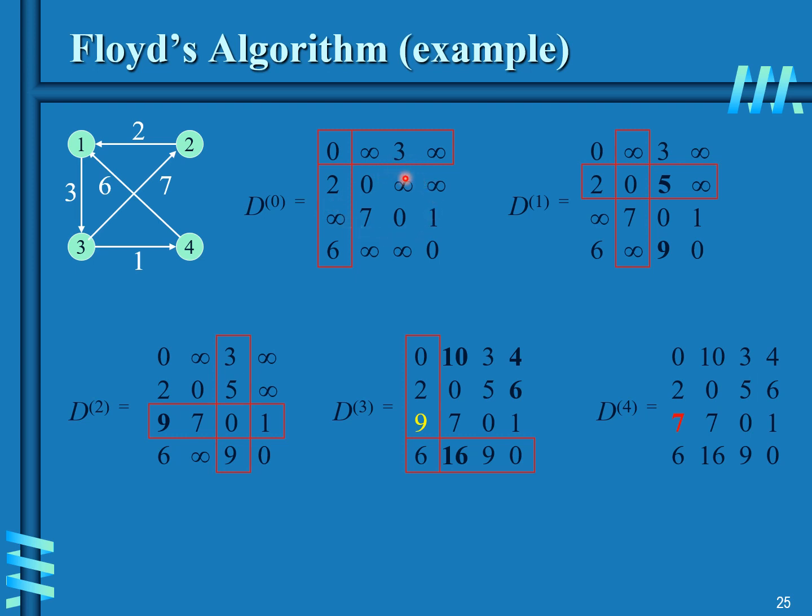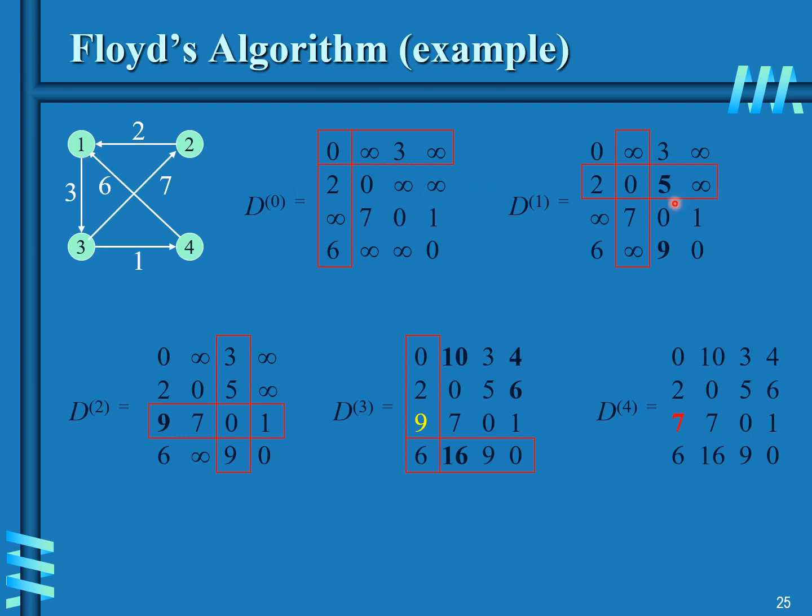You compare with the previous value, which is infinity. Comparing these two, the minimum is 5. So the distance from 2 to 3 is 5, which means that using one intermediate vertex, vertex 1, 2 plus 3, that is 5, you can reach 2 to 3.